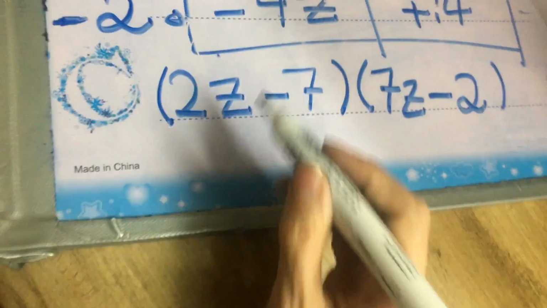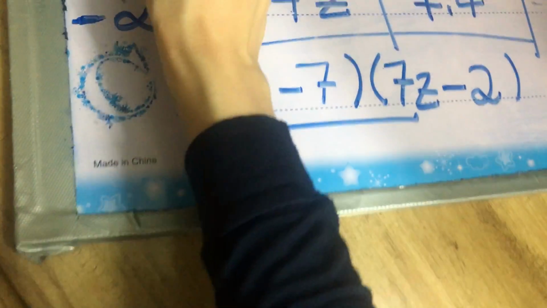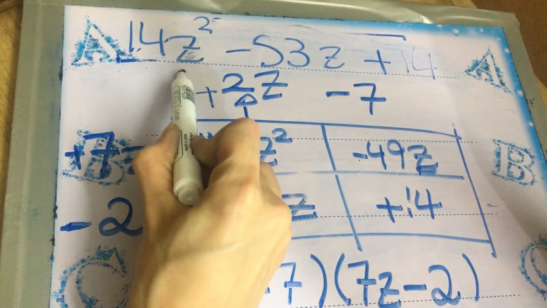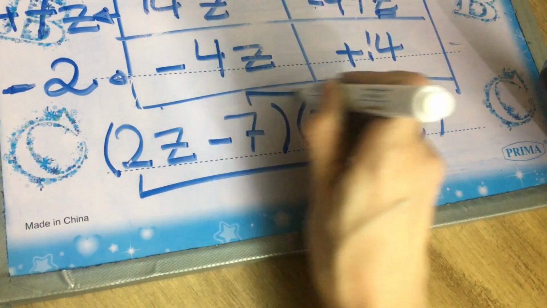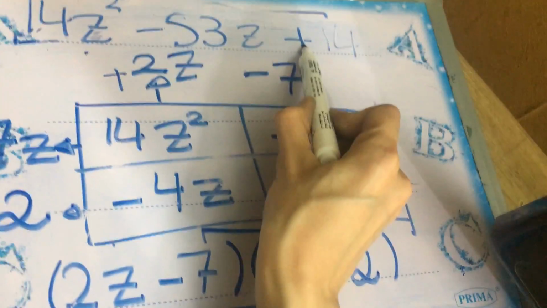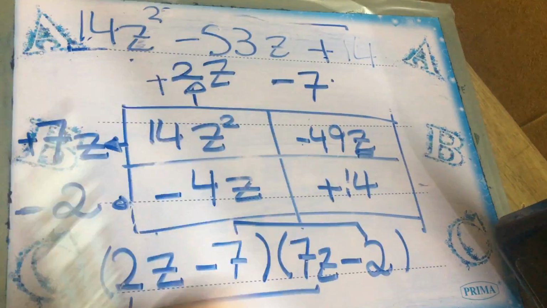Now 2z times 7z, 7 times 2 is 14. Z times z is z squared. Now the last term, minus times minus is positive. 7 times 2 is 14.